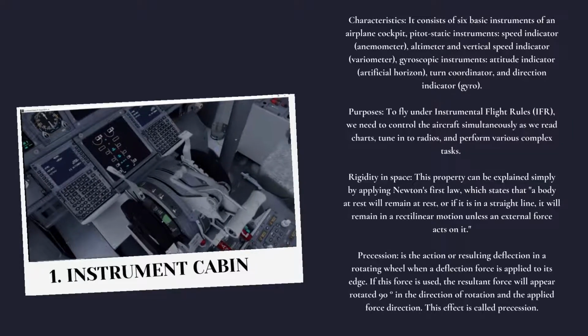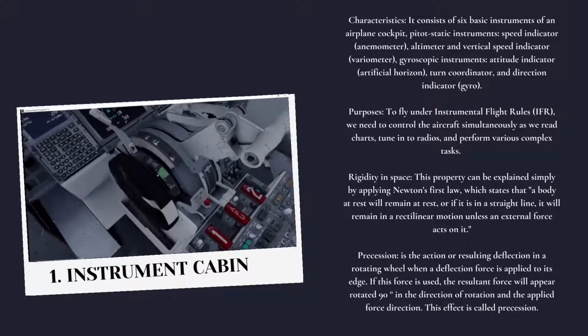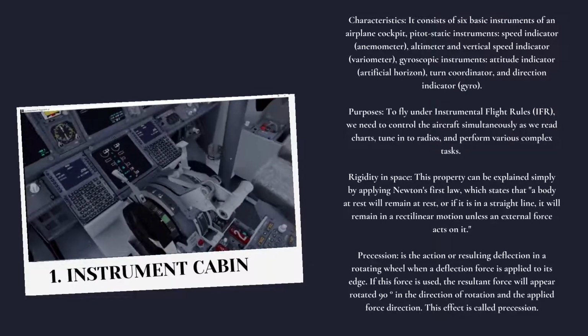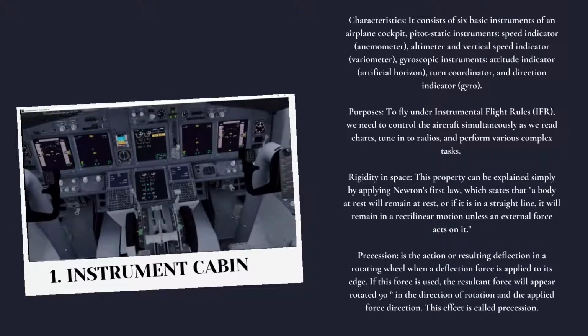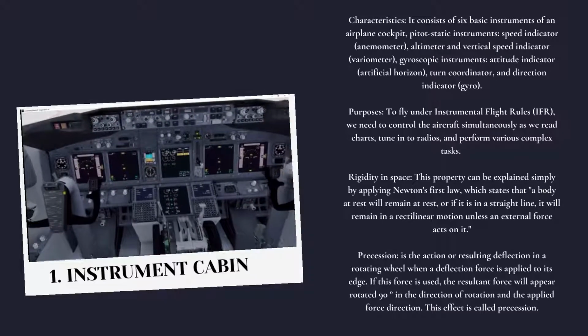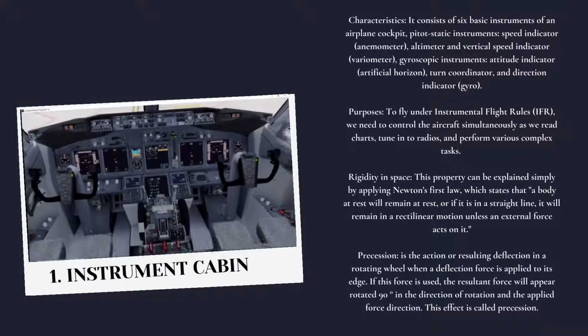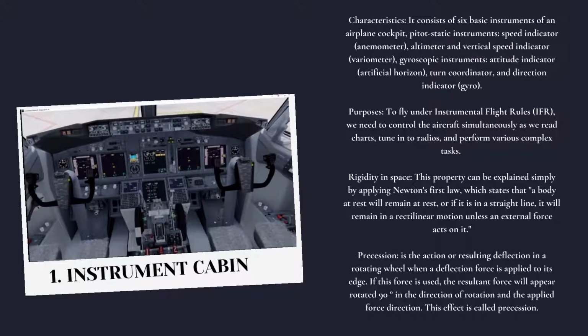Rigidity in space. This property can be explained simply by applying Newton's first law, which states that a body at rest will remain at rest, or if it is in a straight line, it will remain in rectilinear motion, unless an external force acts on it.